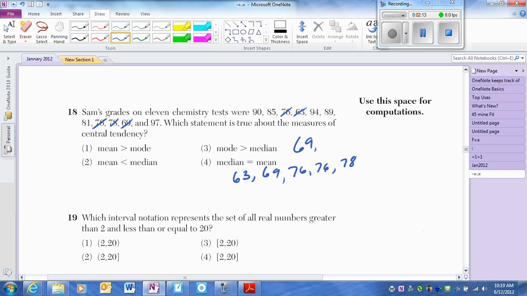And then 81, and then 85, and then 89, 90, 94, and 97. 1, 2, 3, 4, 5, 6, 7, 8, 9, 10, 11.